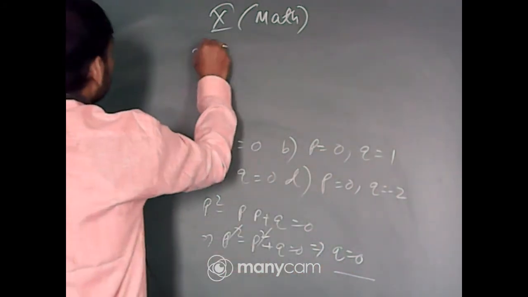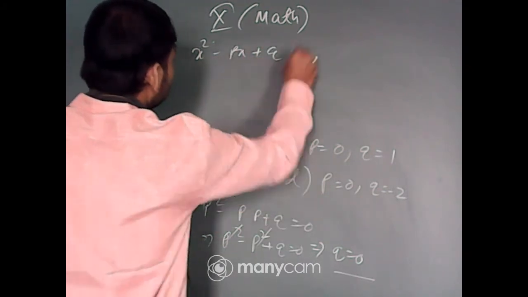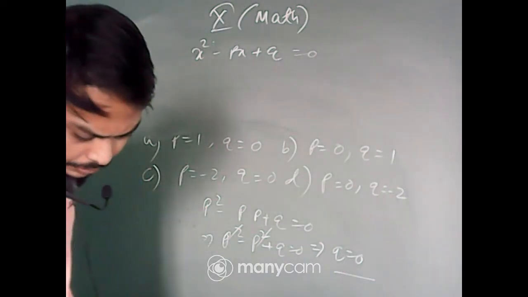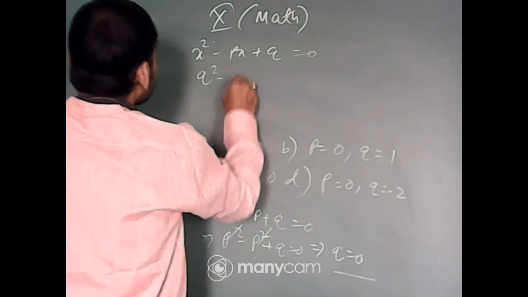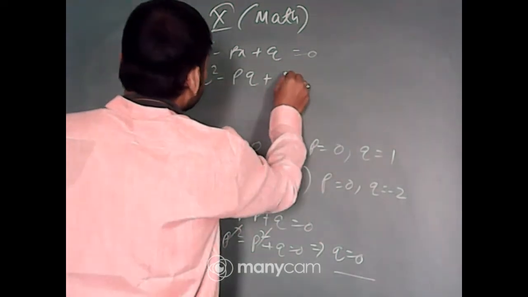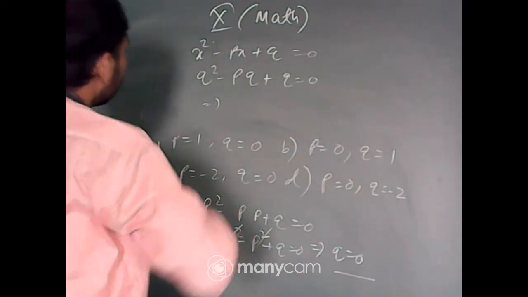Now again the equation is x square minus px plus q. Again q is also a root. So q square minus p into q plus q equals to 0.